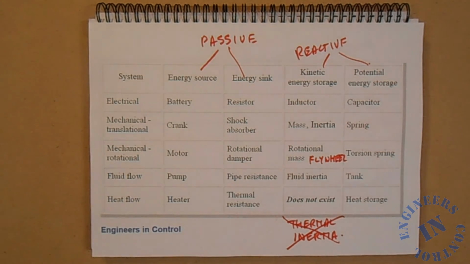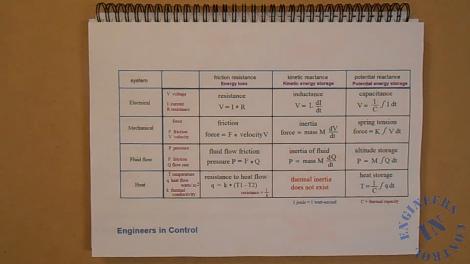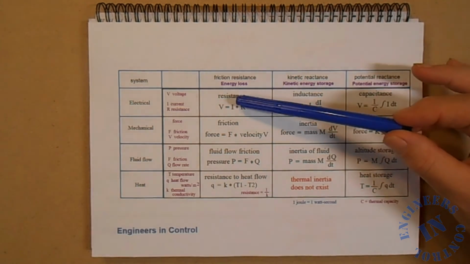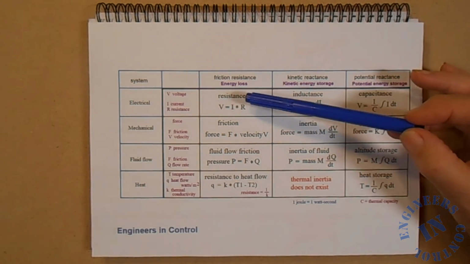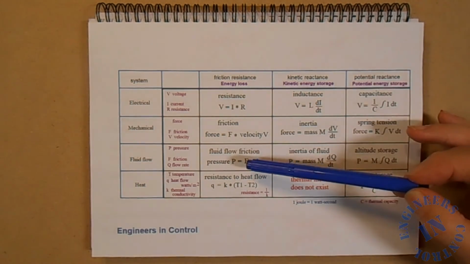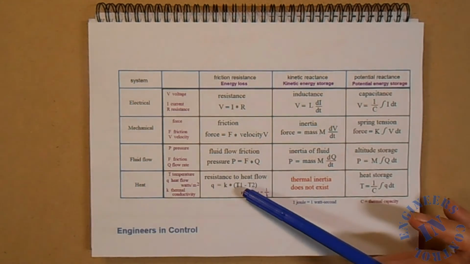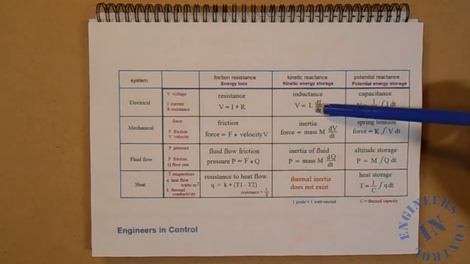Since we are going to head into the area of differential equations, I have another chart which is very similar, and this is the one that I use. And so we have the equations, and we'll do this again in the next talk. We have the equations for resistance, friction, fluid friction, resistance to heat flow. We have the kinetic energy storage, and these are all derivatives.